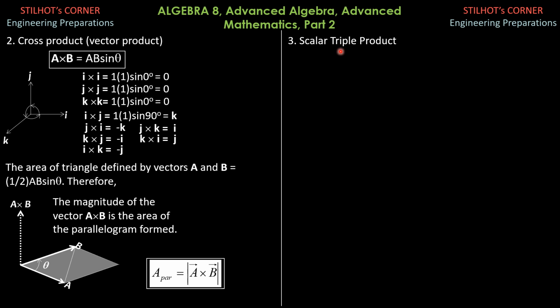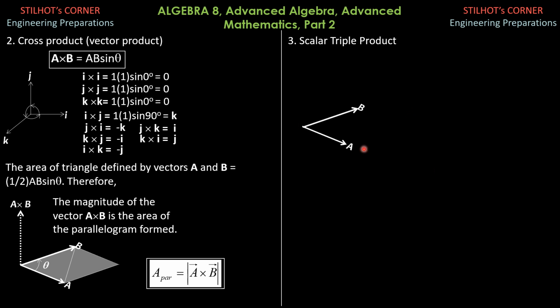But for those who are still in their early years in engineering, you haven't yet enrolled in statics, so just wait until you reach that. For the meantime, in this part, let's have the other application, which is interpreted as the volume of the rhomboid.